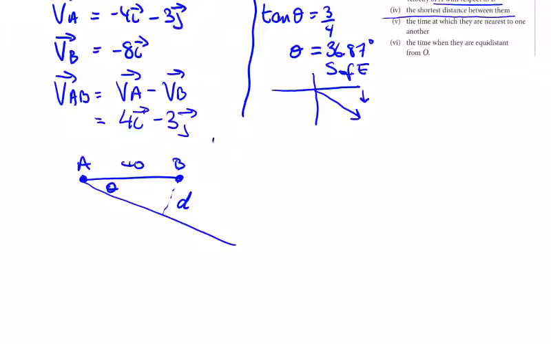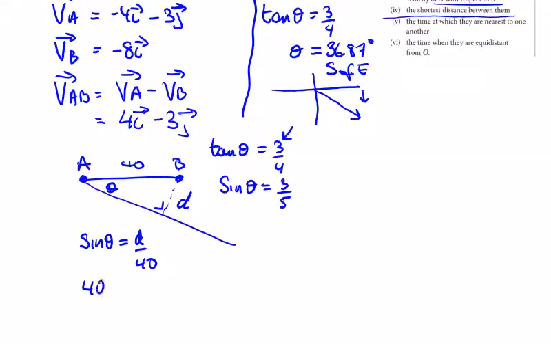The tan of theta is equal to 3 over 4, so sine of theta is opposite over hypotenuse, which has to be over 5. So the shortest distance is 40 by the sine of theta, which is 8 threes, 24 meters.